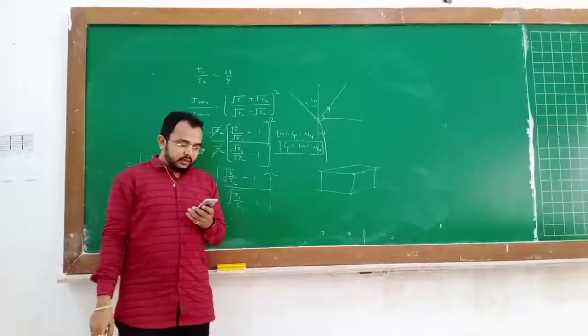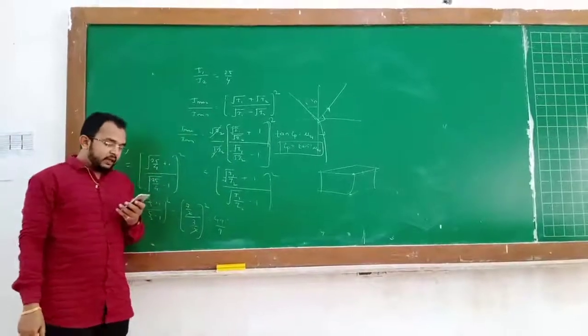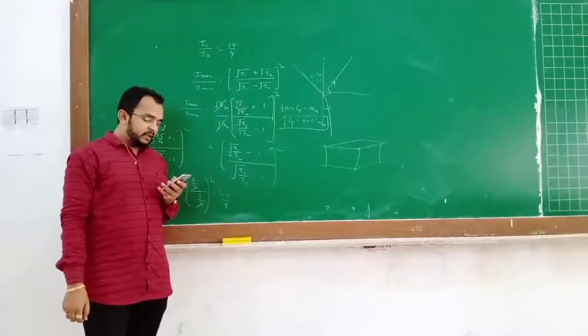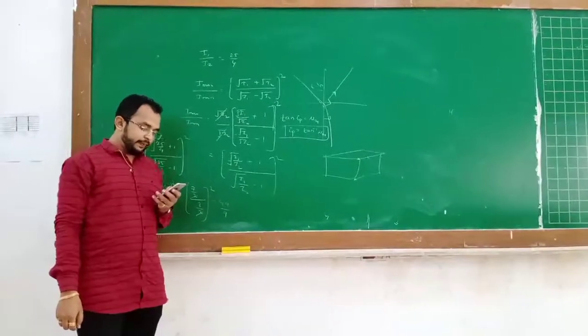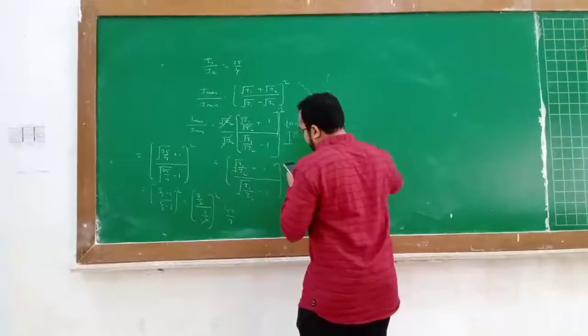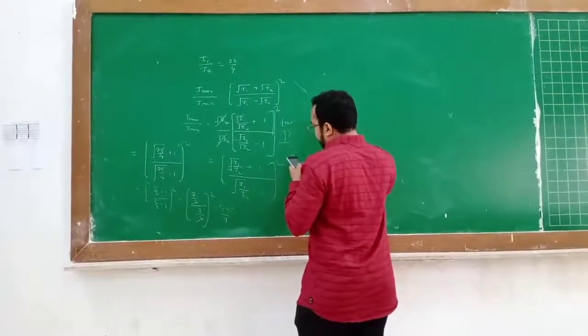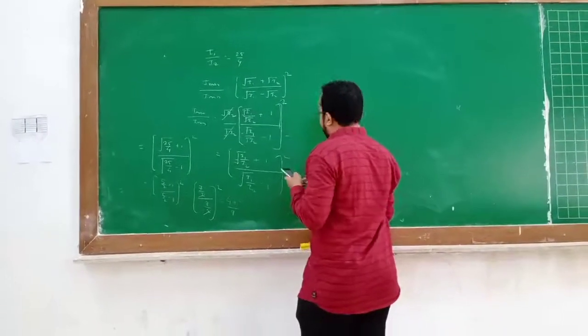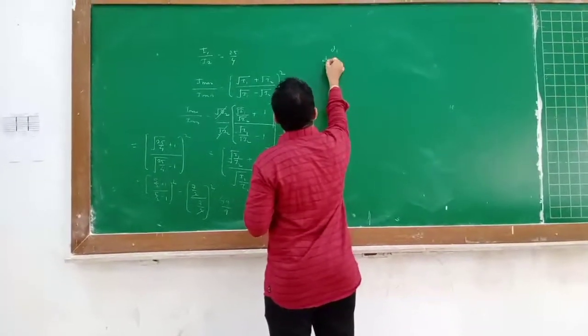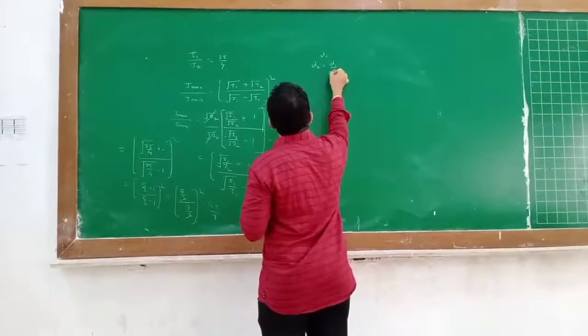Now next question. In Young's experiment, the distance between the slits is reduced to half and the distance between the slit and screen is doubled. So what is given in Young's double slit experiment? The distance between the slits is reduced to half. Suppose initially the distance is d1, then d2 is d1 by 2.